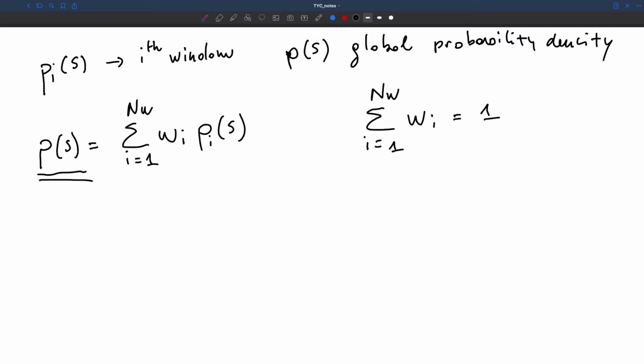So WHAM has solved the problem of determining the weights that minimize the error on P of S, given the constraint that the sum of the weights has to be 1.